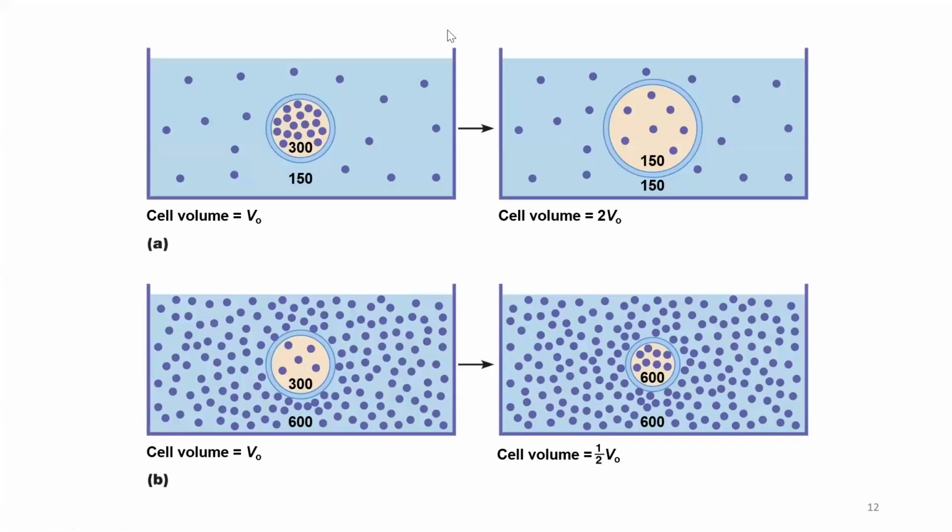Okay. So at the end here, this is just an illustration to highlight that movement of water once again. So in A, we have a high water concentration outside and a low water concentration inside. So can anyone describe the state of this solution on the outside here?